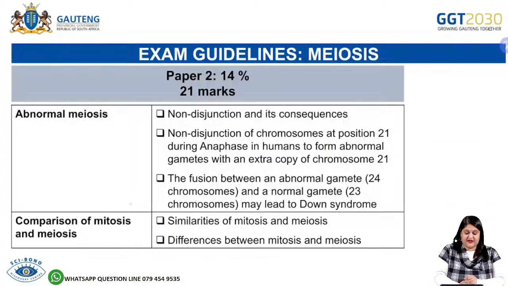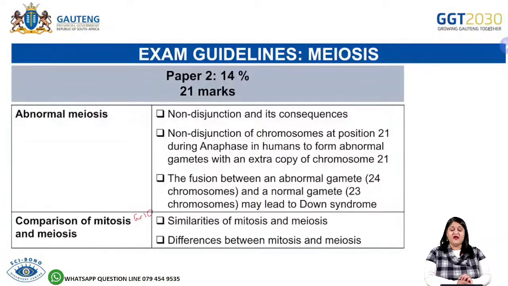Now remember, I mentioned to you that mitosis is the one that's from grade 10, right? So the first bullet says you need to know about non-disjunction and its consequences. Number 2, non-disjunction of chromosomes at position 21 during anaphase in humans to form abnormal gametes with an extra chromosome, a copy of chromosome 21.